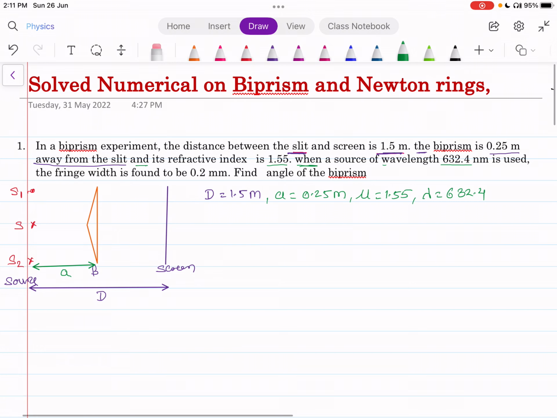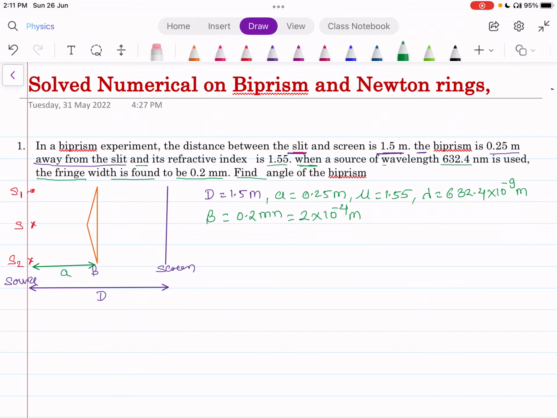We want it in meter, so into 10 raised to minus 9 meter. Then the fringe width is 0.2 mm. So beta is given here. Beta is 0.2 millimeter, which is nothing but 2 into 10 raised to minus 4 meter.